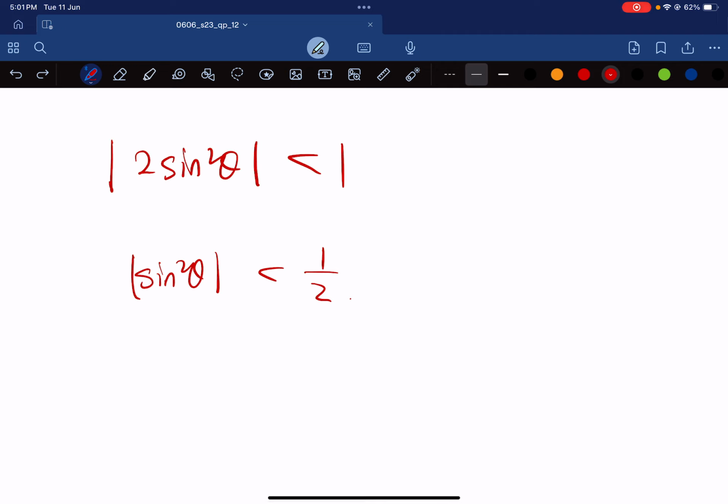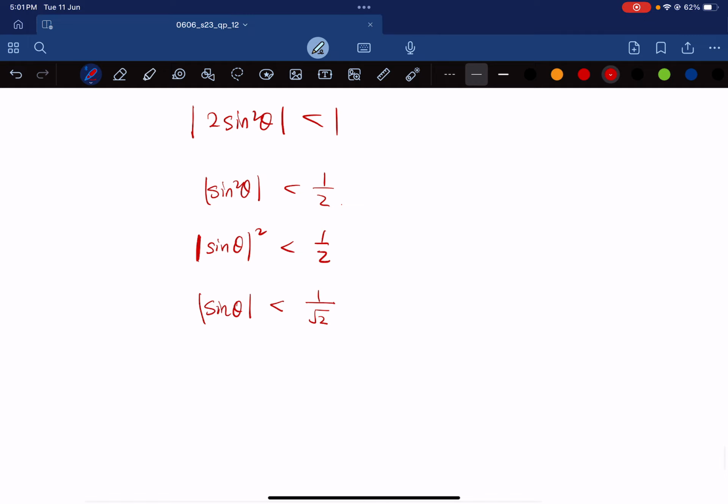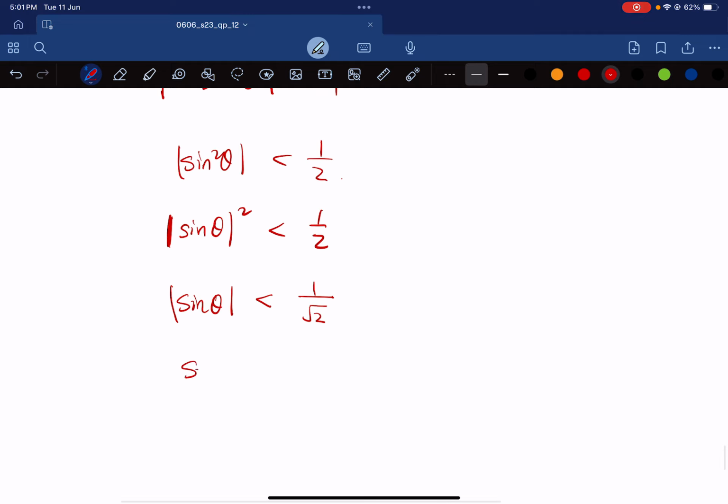So the modulus of sine theta equals the square root of 1 over 2, which is 1 over square root 2. So sine theta needs to be less than 1 over square root 2 and greater than negative 1 over square root 2.